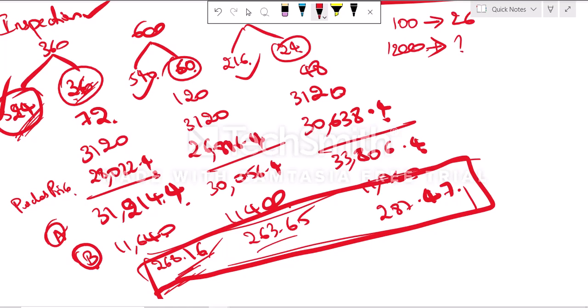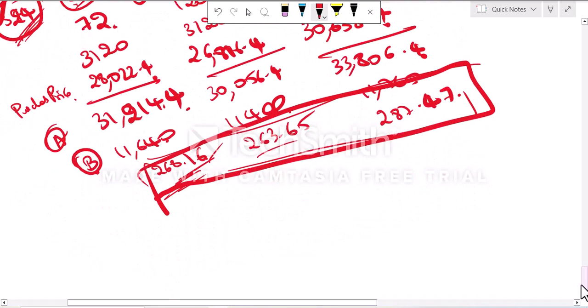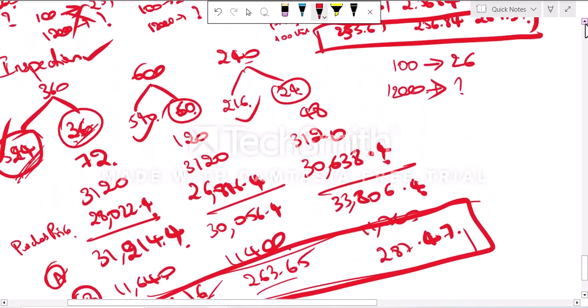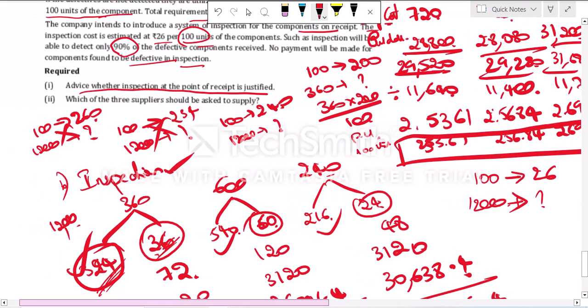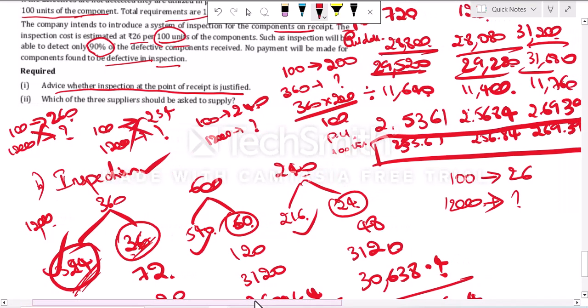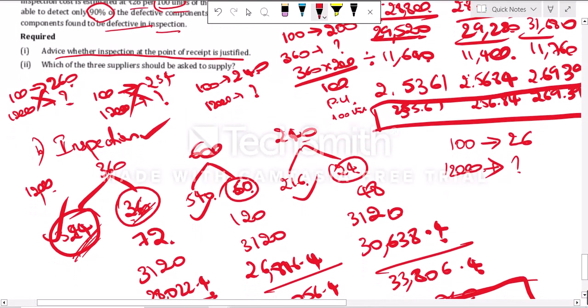Okay. Next, what are they asking in the second question? Which of the three suppliers should be asked to supply? We have two perspectives here: if we inspect and if we do not inspect. First, if they do not inspect: 253.61, 256.84 and 269.39.